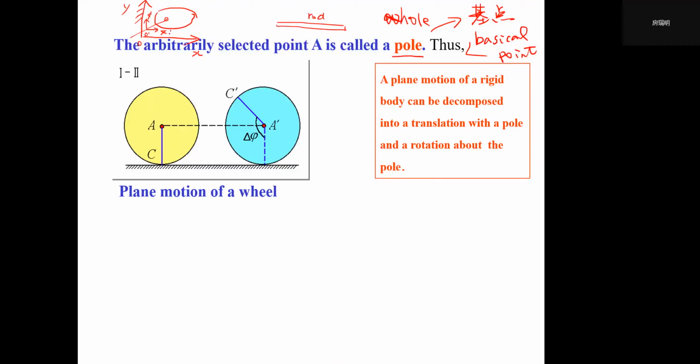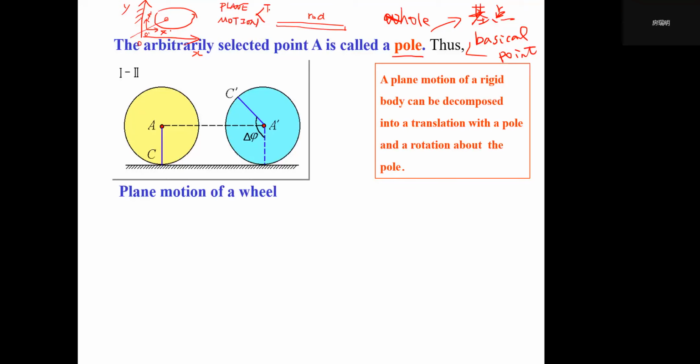This kind of MCS. So you guys can think about that. Please pay attention to my description. Because we know this is a plane motion figure, right? It has plane motion. So it has two motion parts.